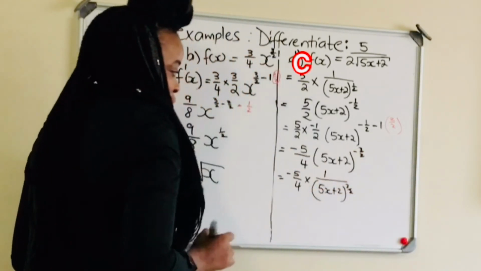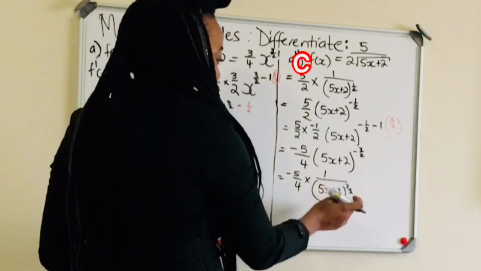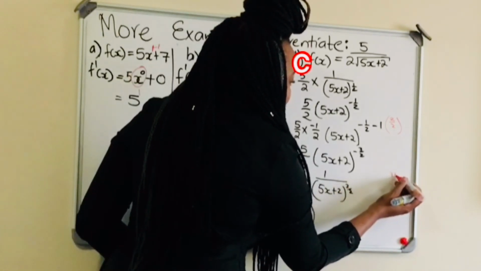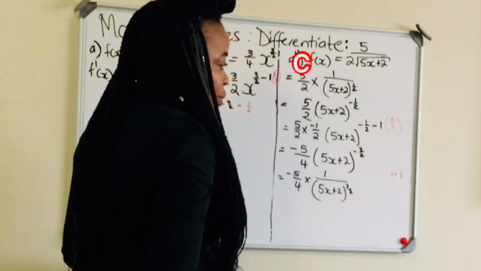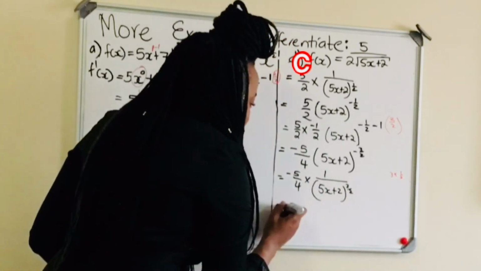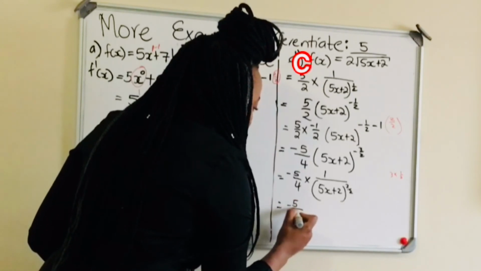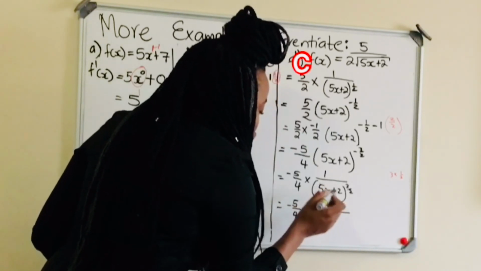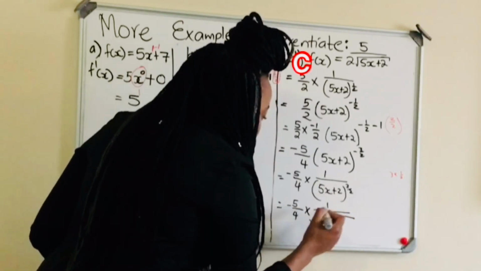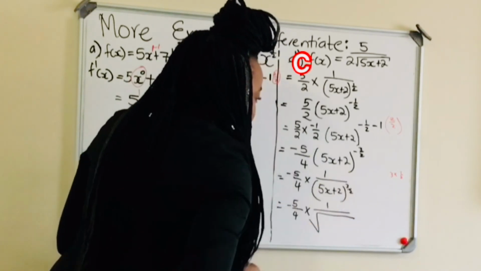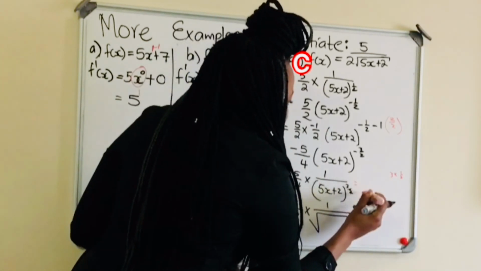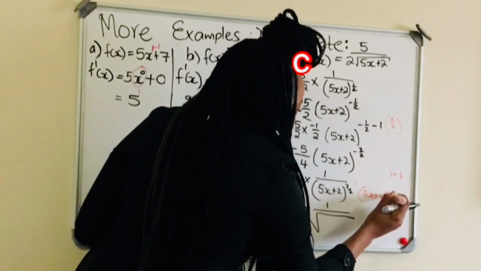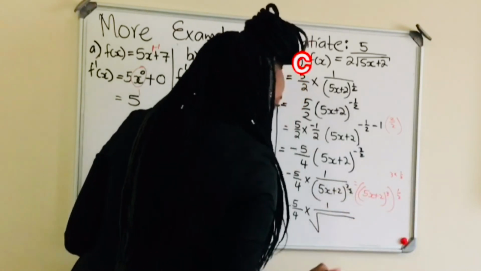That way we remove that negative, right? What is 3 over 2? We know that's like saying 3 times 1 over 2. So this is just going to be negative 5 over 4 times 1 over the square root of 5x plus 2 to the power of 3, because we multiply the powers.